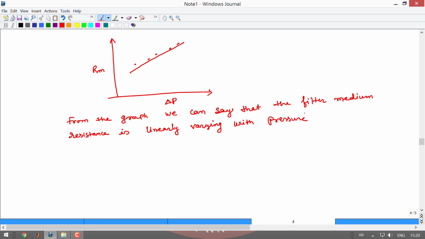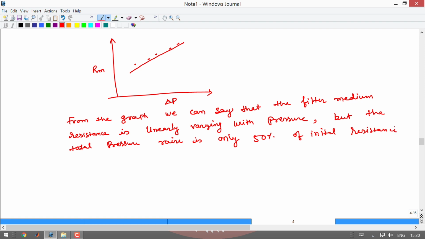But the total pressure rise is only 50% of the initial resistance.